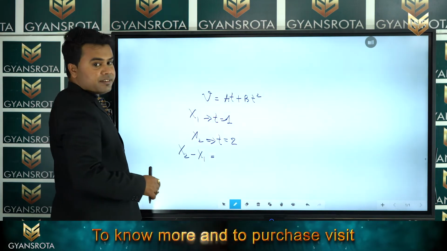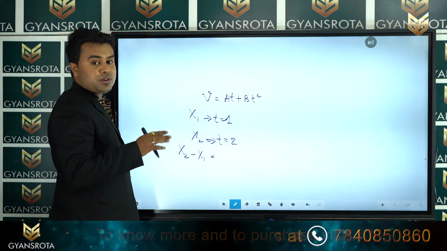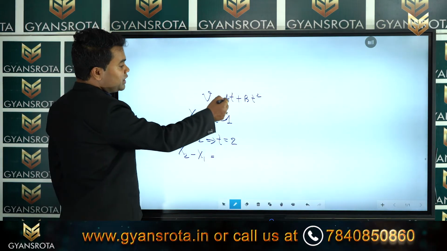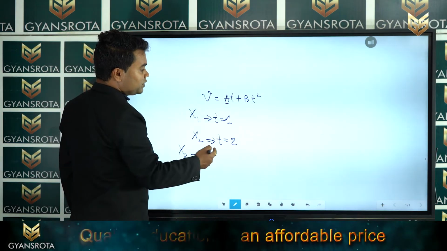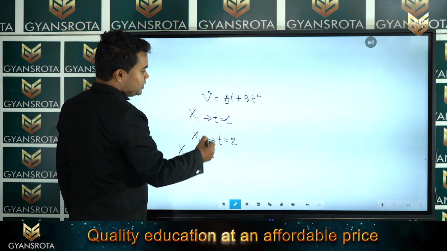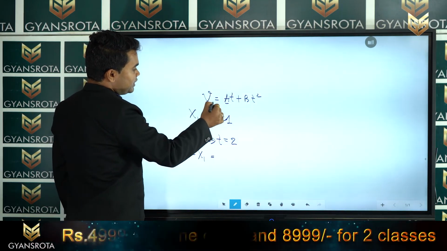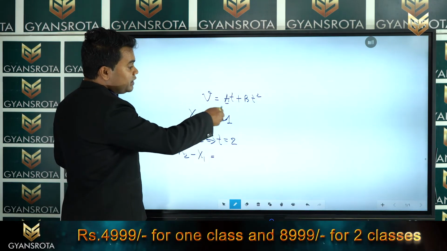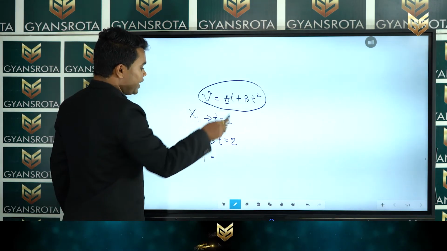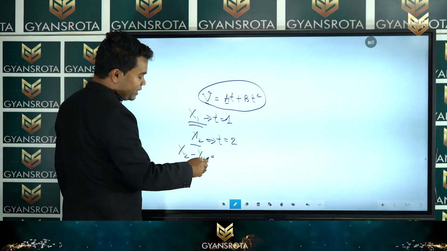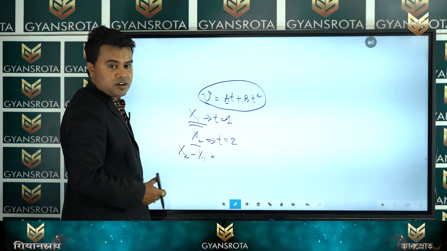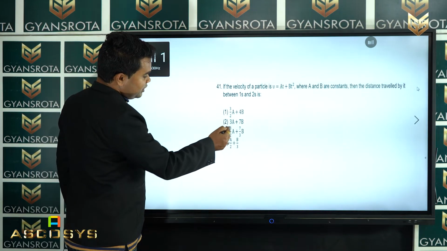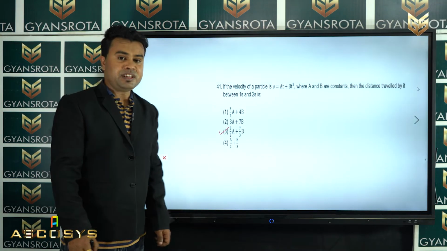Velocity is equal to displacement by time, so v can be written as dx by dt. You have to find out the displacement from this velocity term. Once you find it, put in the values for x1 and x2, and x2 minus x1 will give you the right answer. For this question, the correct option is option number 3, 3 by 2a plus 7 by 3b.